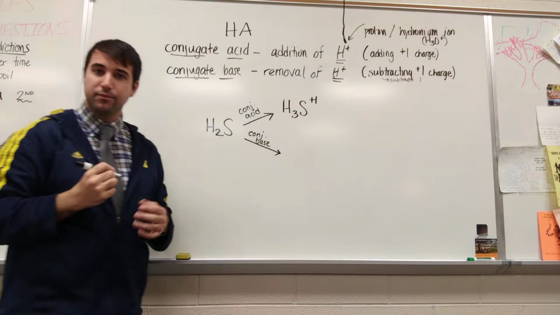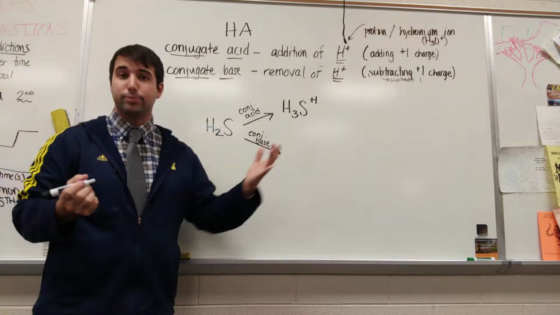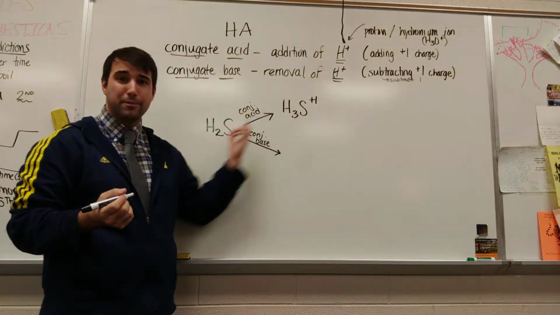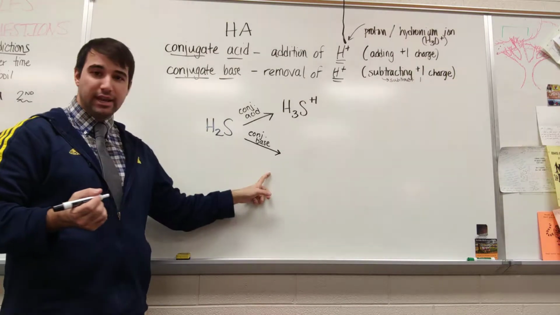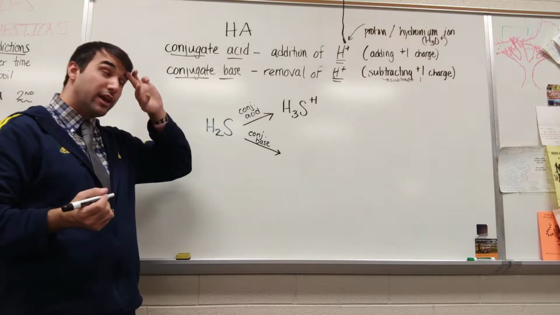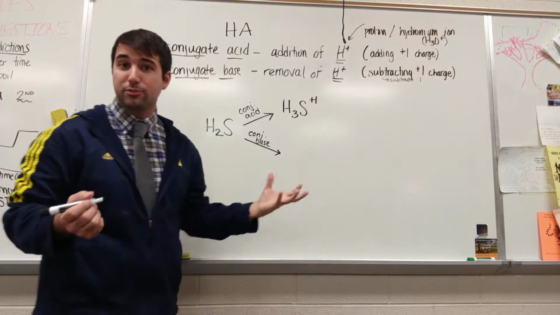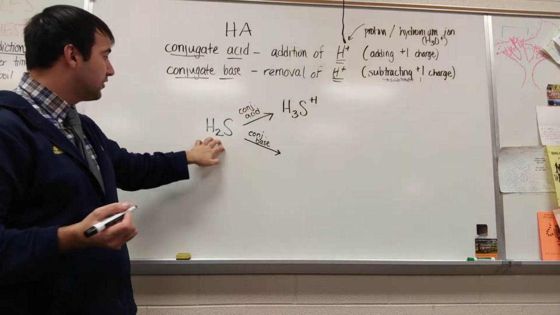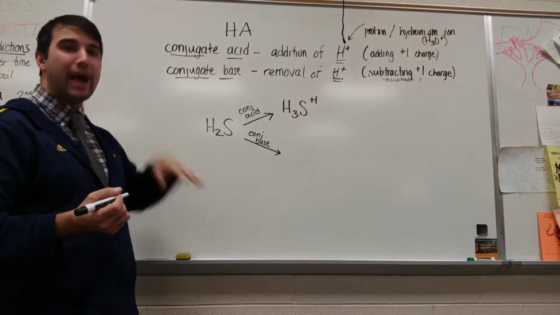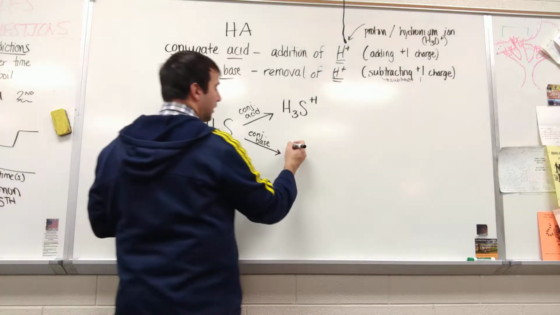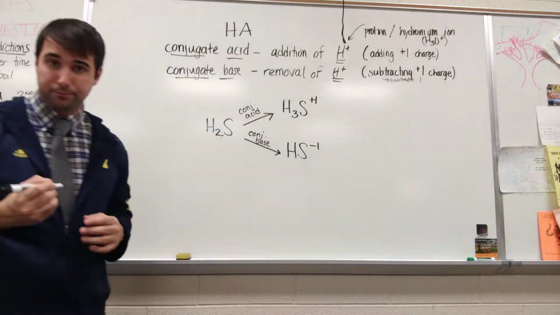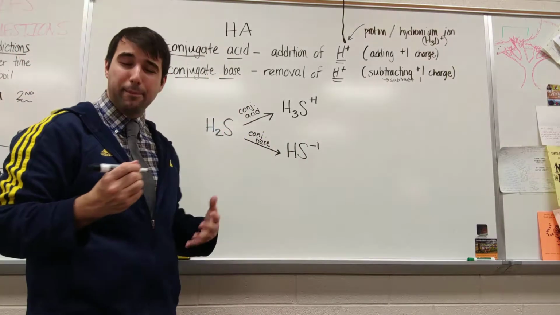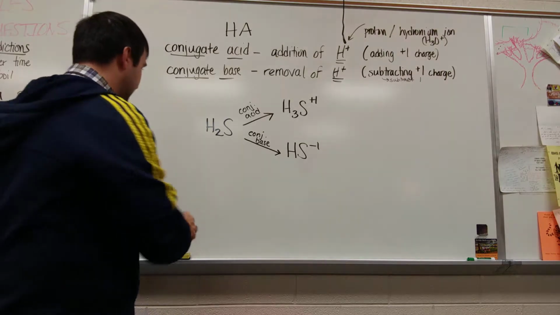Now that's not typical, but this is a conjugate acid, I'm adding H+ to this. For the conjugate base, I'm going to remove an H+ and subtract +1. Now this is neutral. If I subtract +1, I'm going to be left with -1. So the conjugate base would be HS-. So this is another example of conjugate acids and bases.